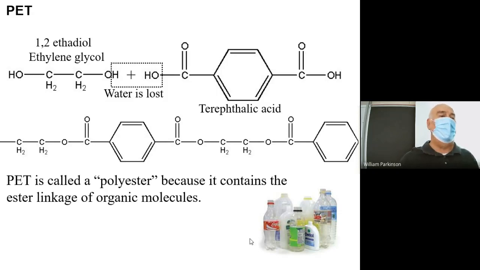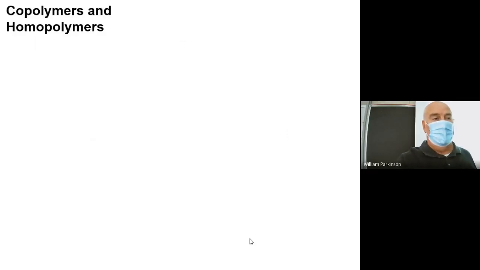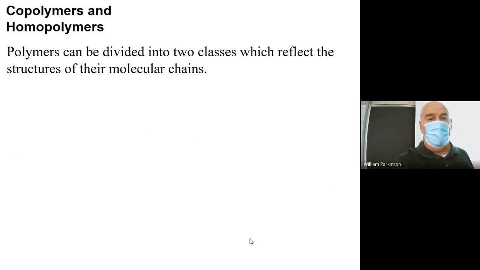I would hook two ethenes together to make a unit of polyethylene. I'd hook two vinyl chlorides together to make a connection in PVC. The monomers were exactly the same. In this case, the monomers are different molecules. So we call that a copolymer.